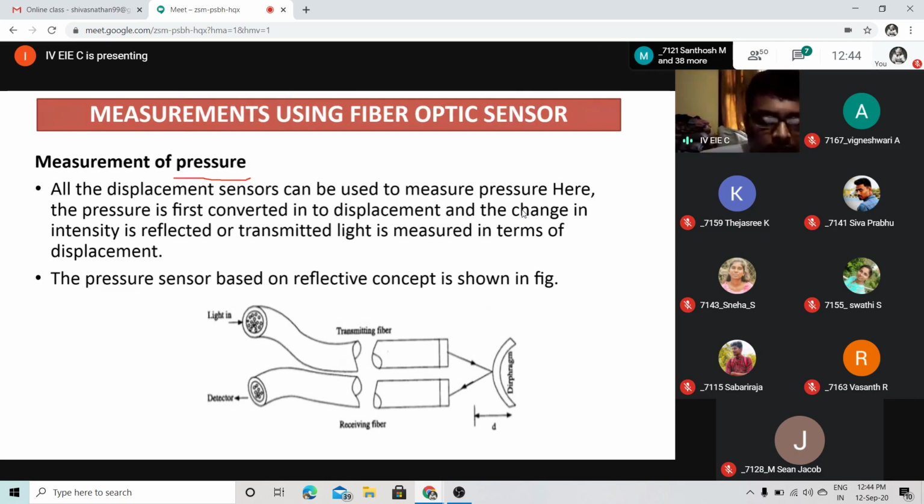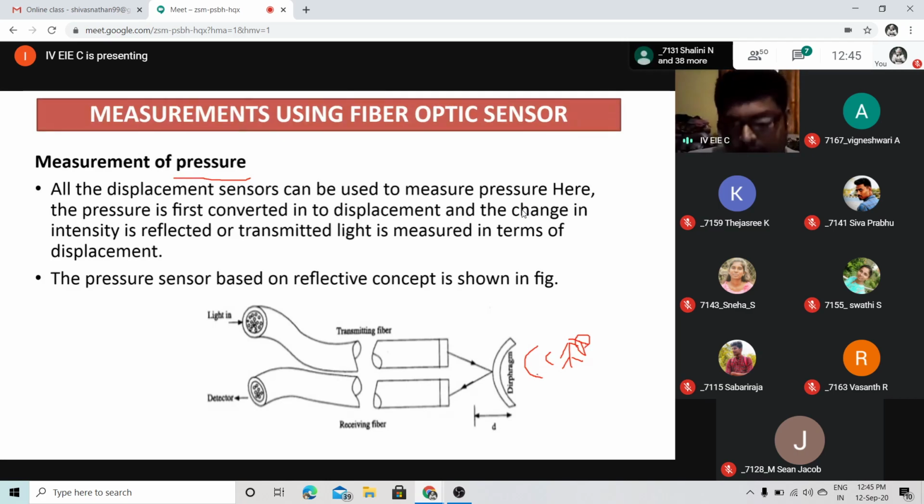So what we have here is a diaphragm which bends backward and frontally because of the increase in pressure. So if I find an increase in pressure, my diaphragm will converge more.